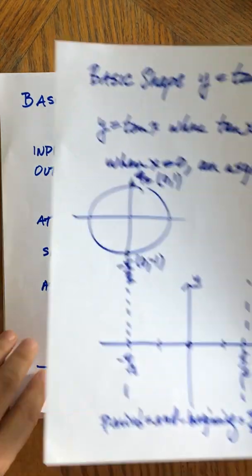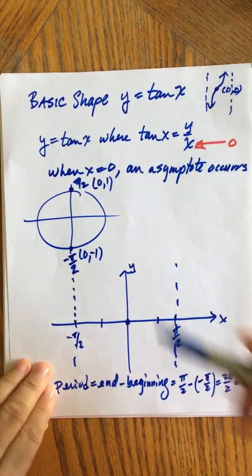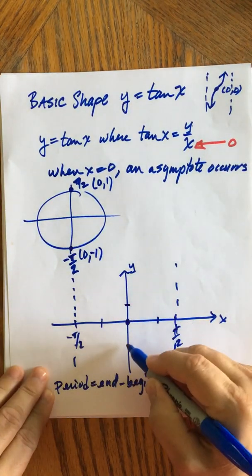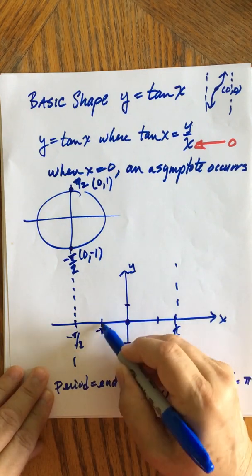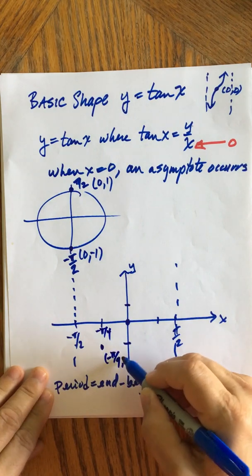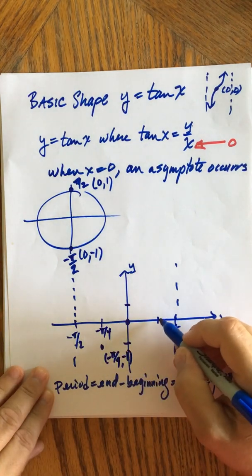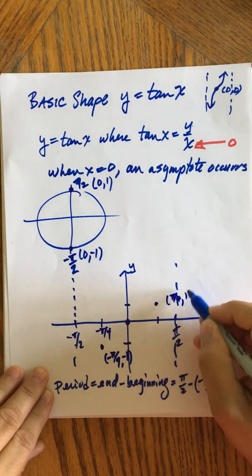So when I come back here and fill this in, I would say negative pi over 4, and then down 1. So this is the point negative pi over 4, negative 1. And then over here, I'd go pi over 4, up 1. So I'd have pi over 4, 1.